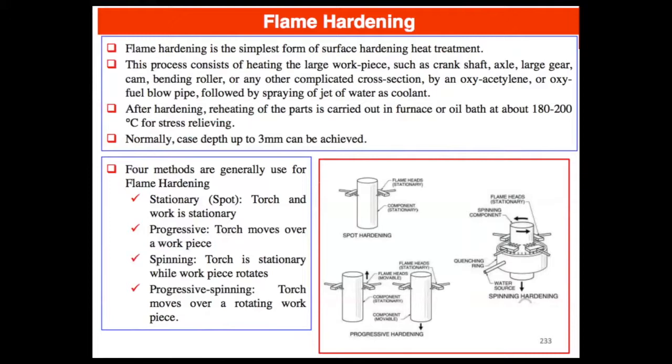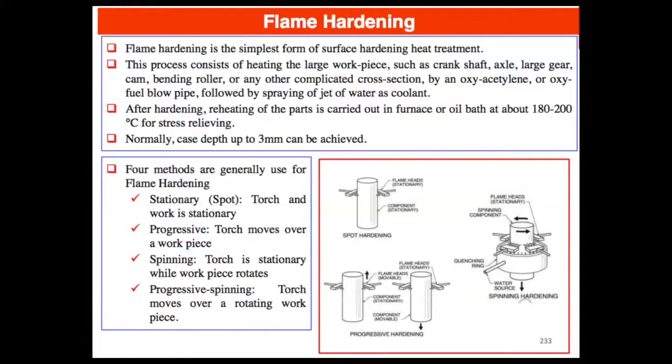So what's one benefit of hardening just the surface over the whole workpiece? It's all about strength and ductility balance, right? If you think about a chisel blade, you want a hard edge at the very tip, but you don't want the whole shank to be hardened, because otherwise you're going to break your chisel.